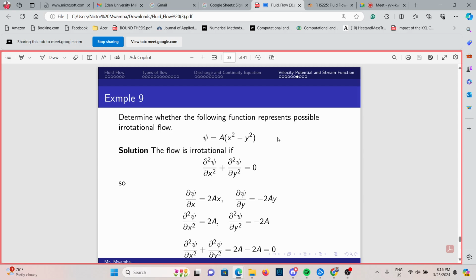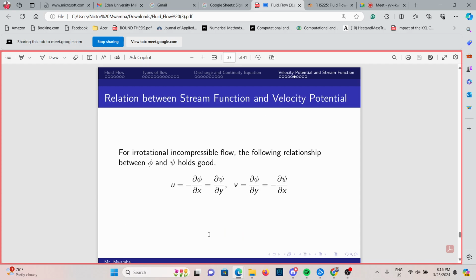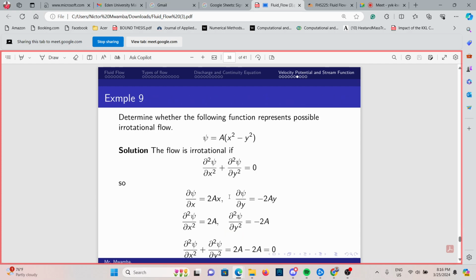So how do you do that? Remember the relationship, this equation here. We're going to use this equation. Differentiate it, find the second derivatives of the stream function.